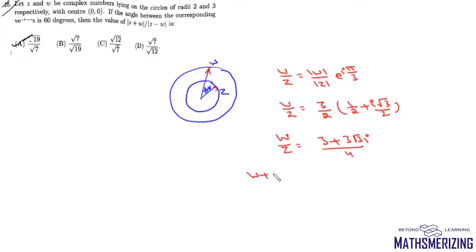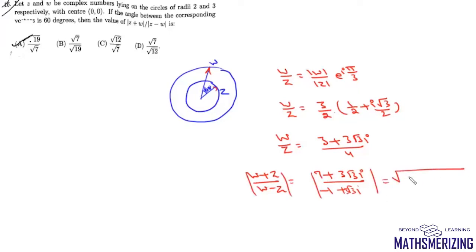Now we'll use componendo dividendo, we'll get W plus Z upon W minus Z as 7 plus 3 root 3 iota upon minus 1 plus 3 root 3 iota. Now we'll take the modulus. Then this modulus is 49 plus 27, and here will be 1 plus 27.